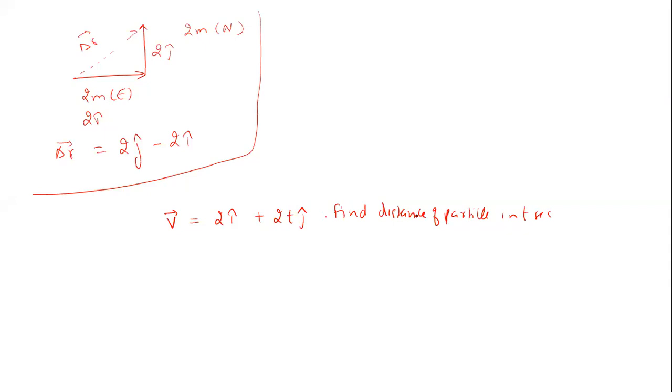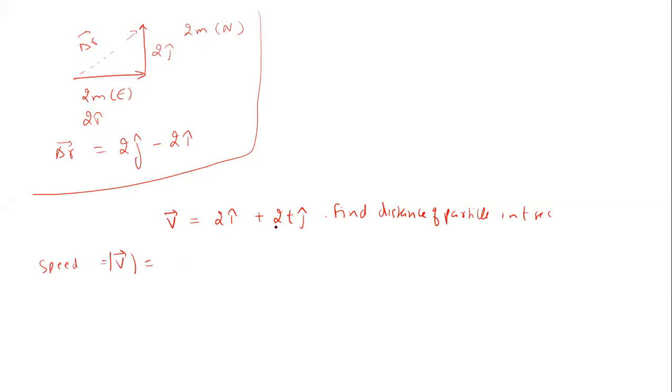Speed is the magnitude of the velocity. Am I right or not? So if I find the mod of v, it is the speed of the particle.